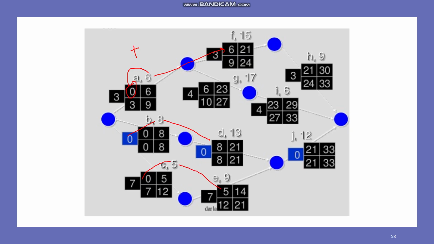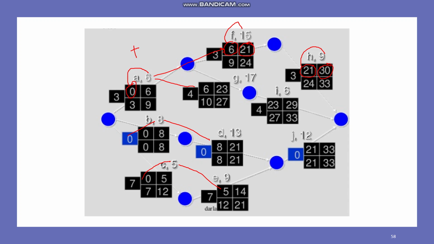Similarly, G is also dependent on A, so 0 plus 6, so the early start time is 6. Now F, the total timeline of F is 15. So we have the start time 6, we'll add 15, so this becomes 21. Similarly, if we move forward, 21 plus 9, so it becomes 30.